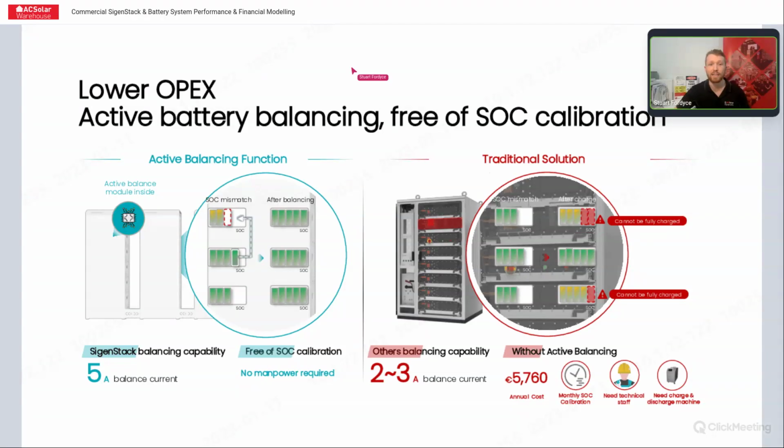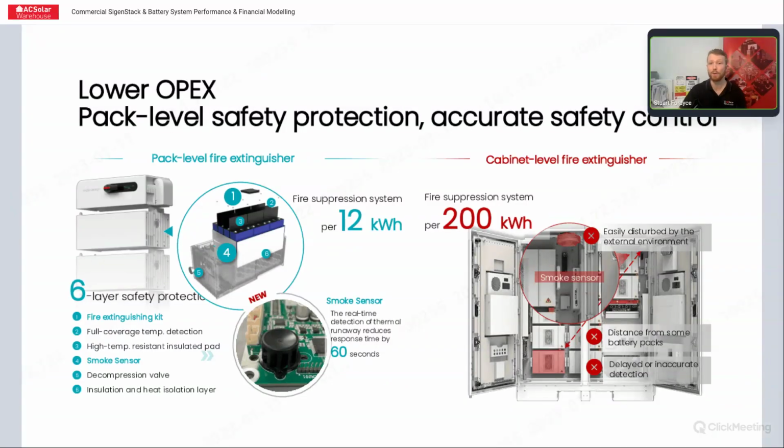So when we do performance modeling for customers, active balancing is essentially assumed, where there's not many modeling softwares that I know of that assume this unbalancing effect without you having to manually account for it at the 5, 10, 15, 20 year mark. So that's a real benefit of what SigenStack do.